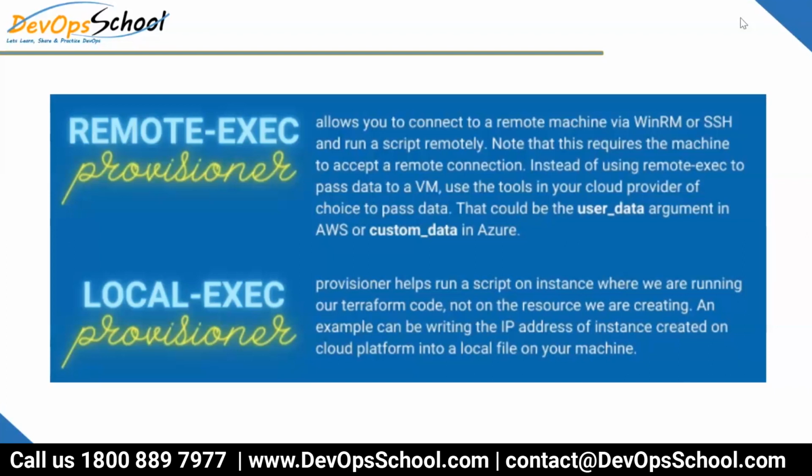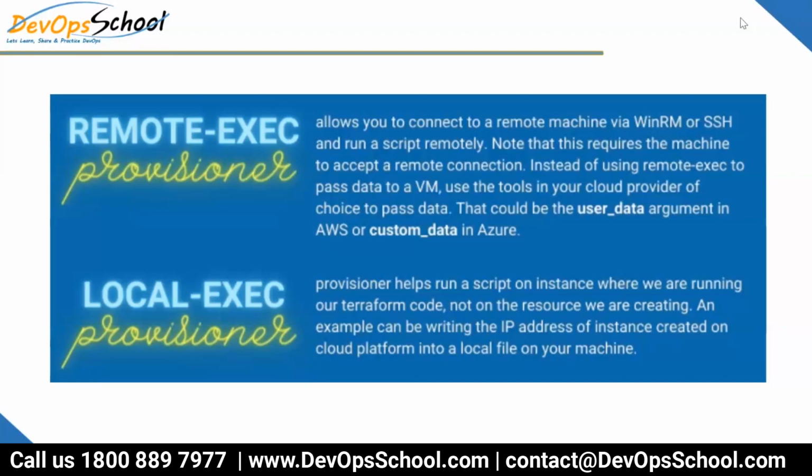But what is the difference then? Remember that the local-exec provisioner is used after the resource creation to run a command or script on your local machine, your local laptop. The place where you have the Terraform command running, that's where the command will run using local-exec. But the remote-exec provisioner will run the command in the machine which you created using Terraform.